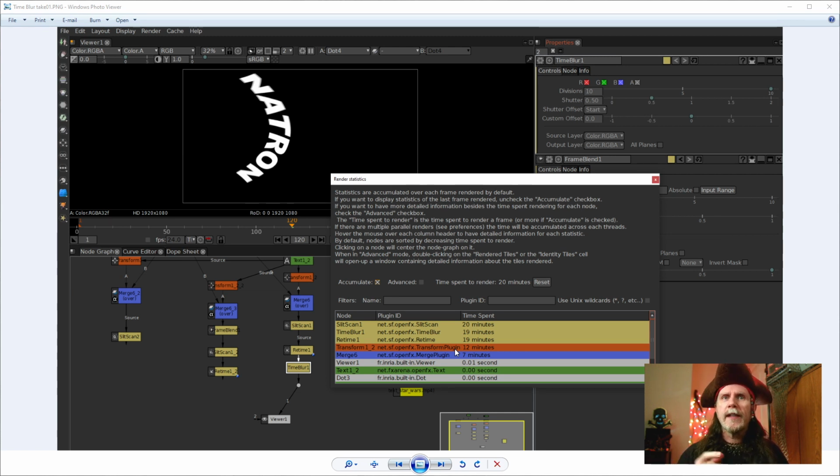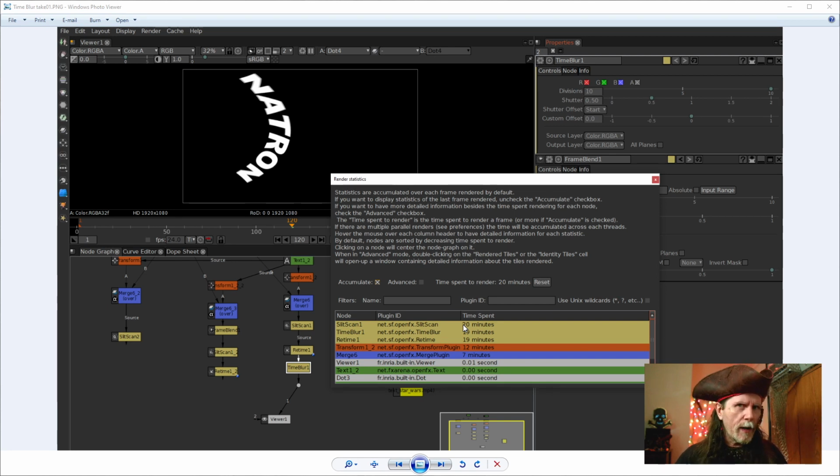I wanted 1080 frames of slit scan lines, and then I wanted it to do motion blur on top of that. So we're talking a long time per frame, and this is only a single frame, mind you. And as we can see, it took 20 minutes to render this out using the TimeBlur node, which seems like a long time.